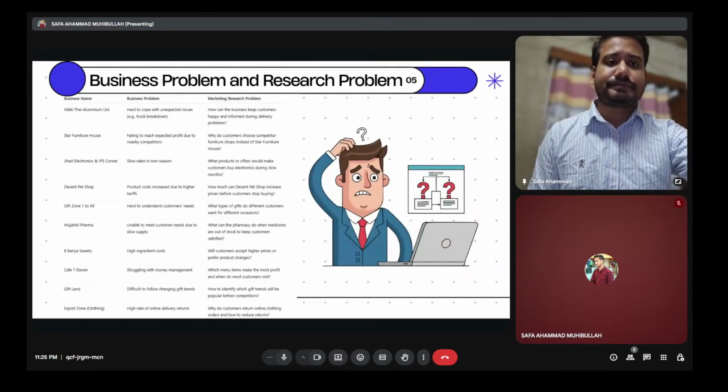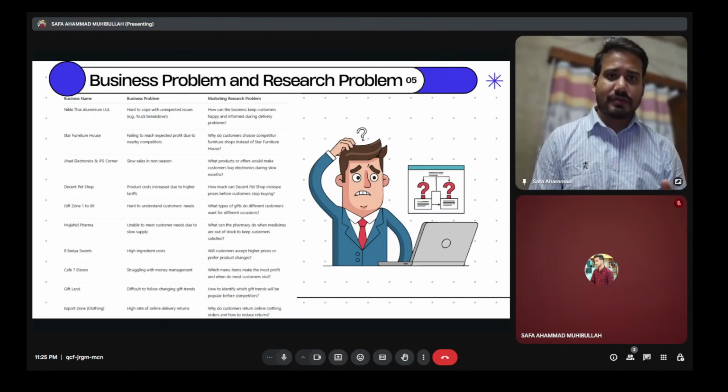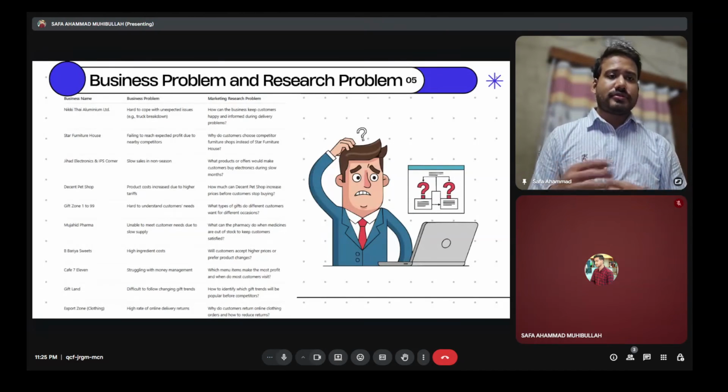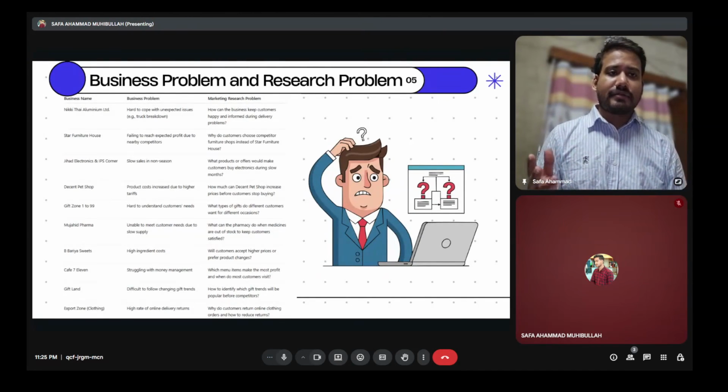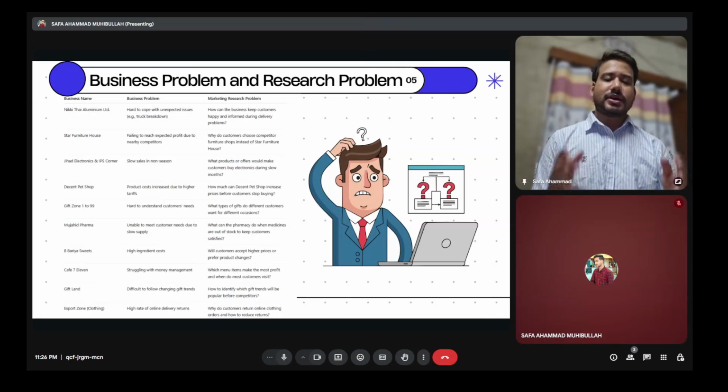Okay, so next slide. So here the table shows the first 10 businesses, their problems and their marketing research problem. For example, Nikki Thai Aluminium Limited faced problems with truck breakdown and delivery delays. So the research question was, how can the business keep customers happy and informed when delivery problems happen? Star Furniture House was struggling to reach profit targets because of nearby competitors.